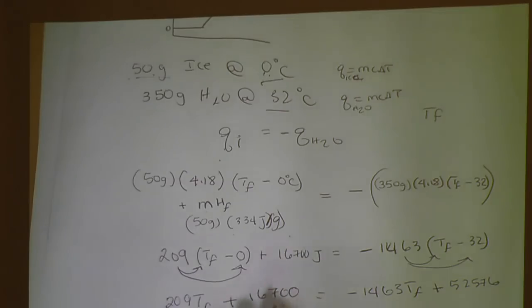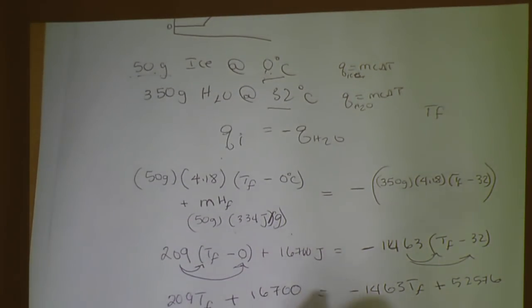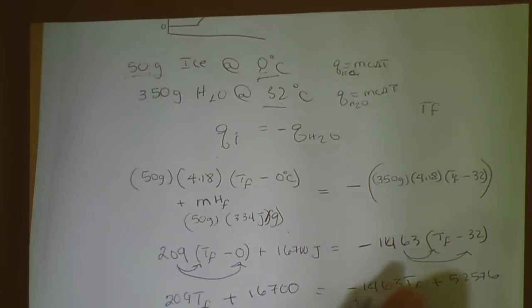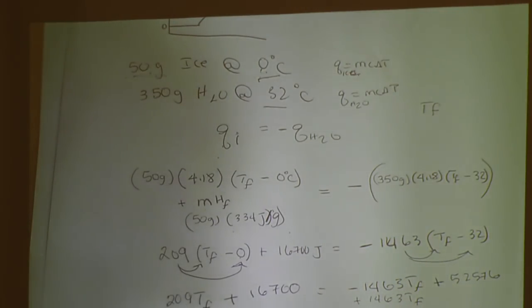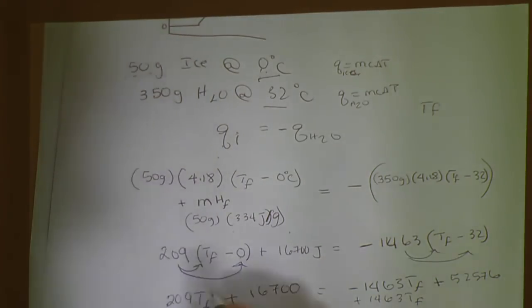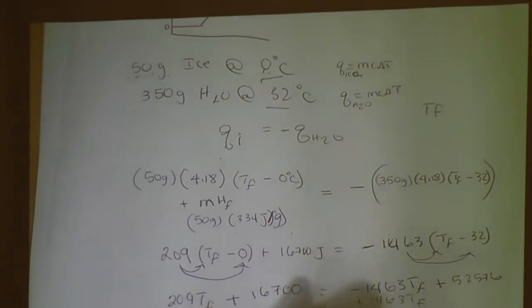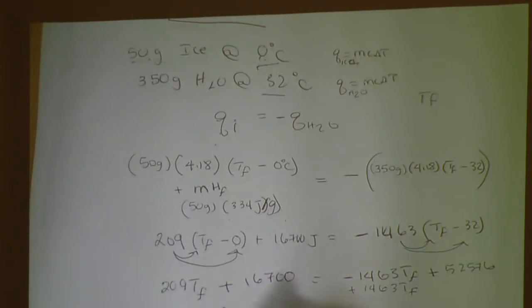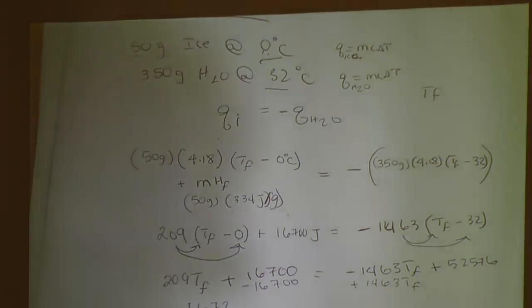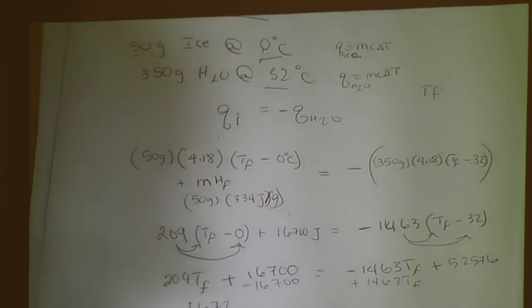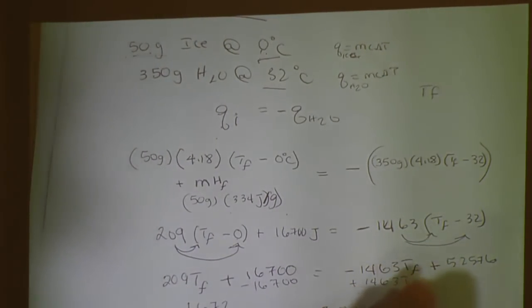So if I get the TFs here, if I add this one here, plus 1463 TF, so 209 plus 1463 is 1672 TF, is equal to, if I subtract 16700, 52576 minus 16700, which is 35876.